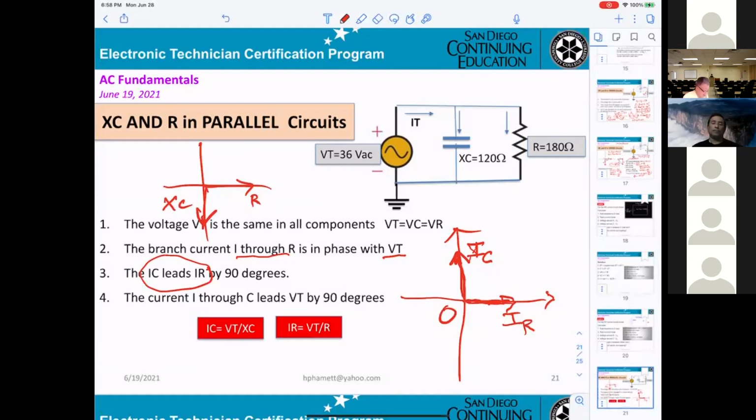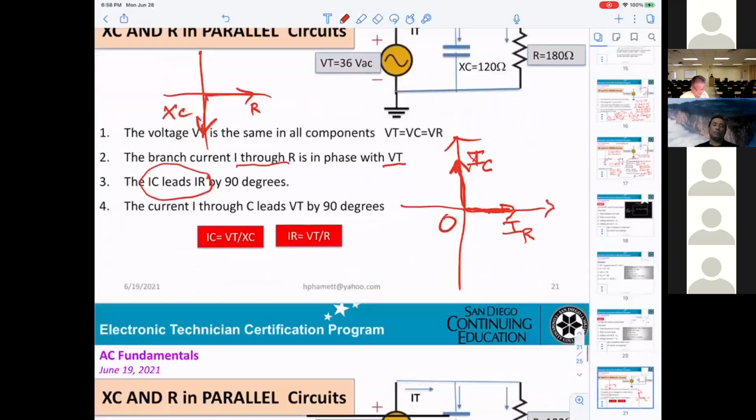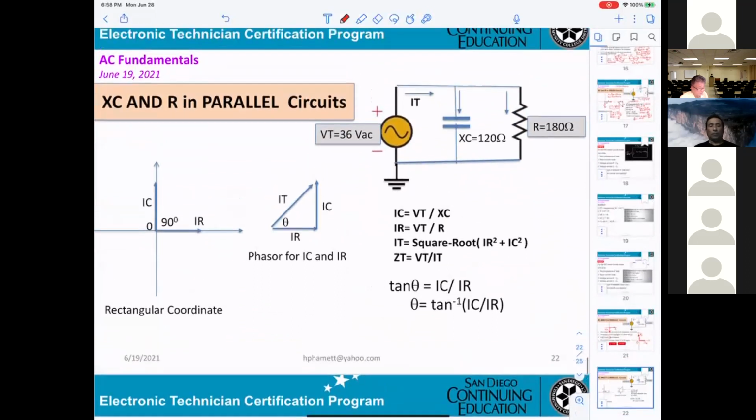Okay, the current I through C leads VT by 90 degrees. First, if you want to calculate IC, that is easy: V total divided by XC.